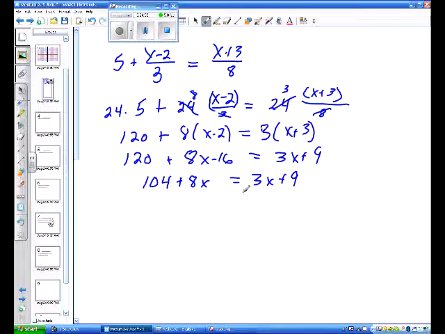We want to get our variable terms on the same side, so we're going to subtract 3x. We have 104 plus 5x is equal to 9. Then we're going to subtract 104.